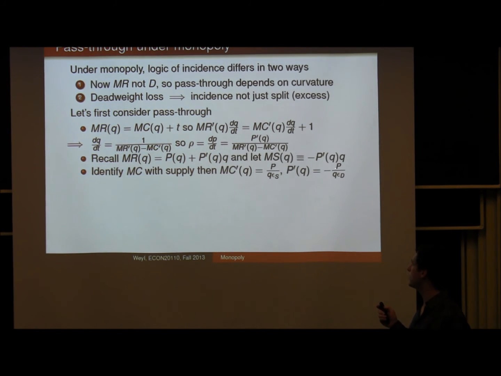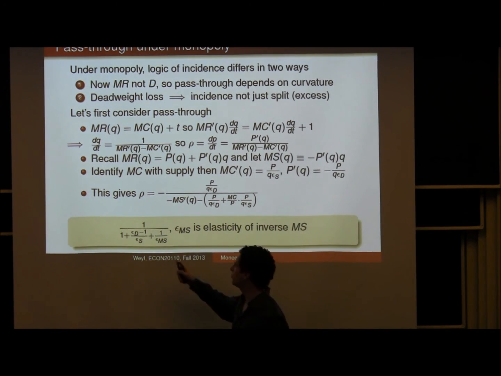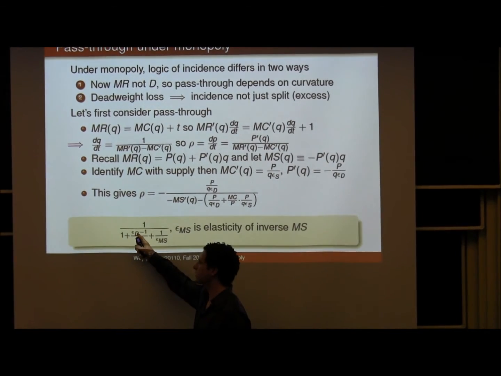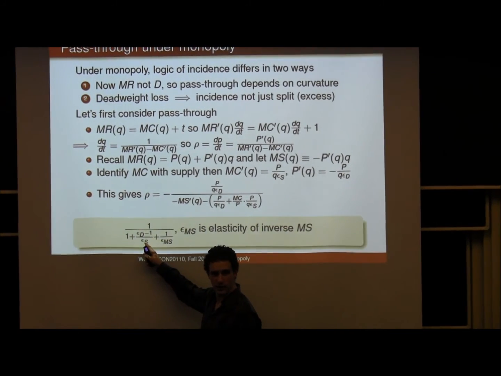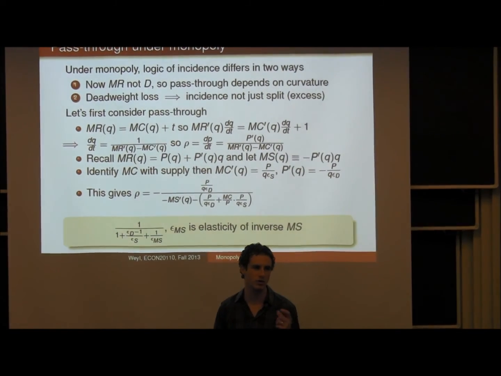And P prime is equal to negative P over Q times the elasticity of demand. Then we can replace all these terms with these here. And we can divide through to give that the pass-through rate is equal to 1 over 1 plus the elasticity of demand minus 1 divided by the elasticity of supply plus the 1 over the elasticity of the marginal surplus function.